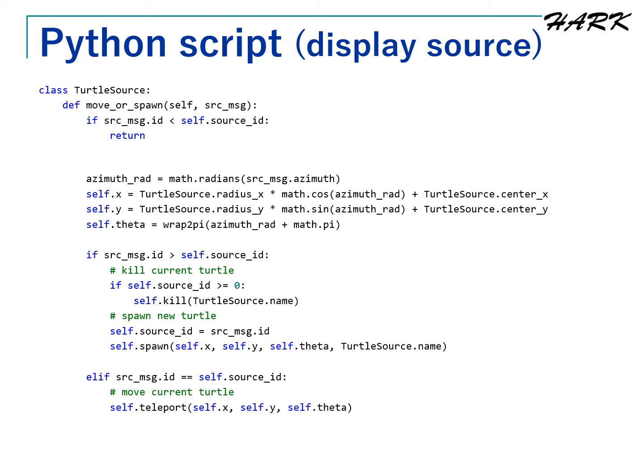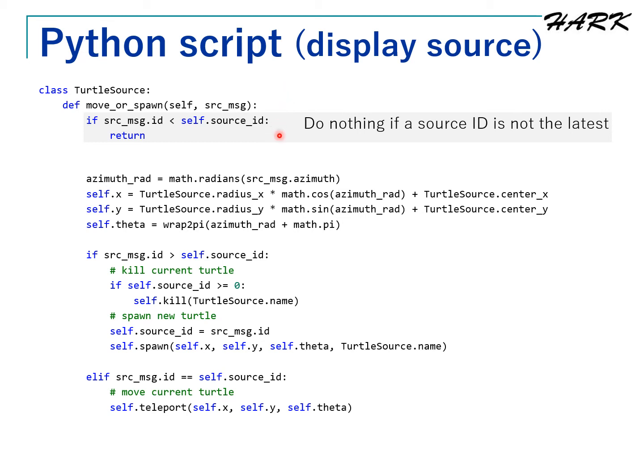The part shown on this slide describes the function to display the turtle according to the direction of the sound source. The first block is for displaying only the turtles that correspond to the latest sound source.